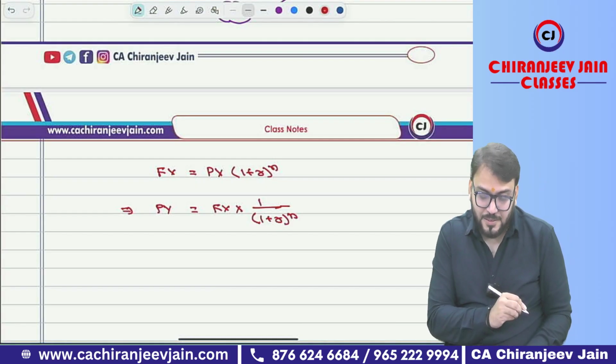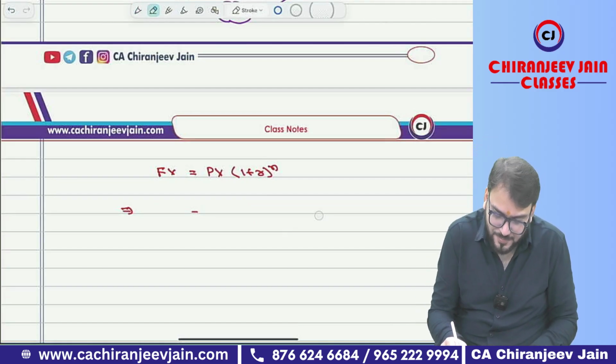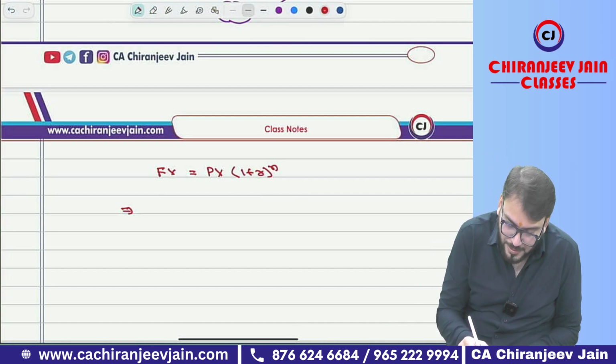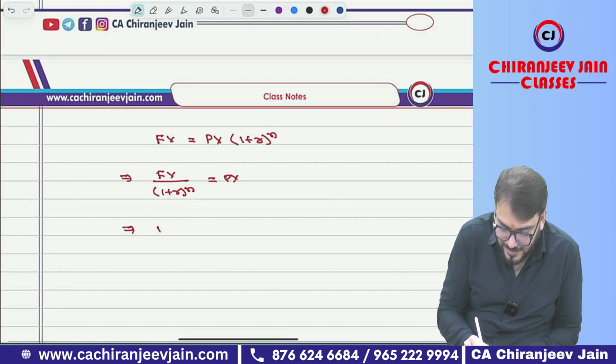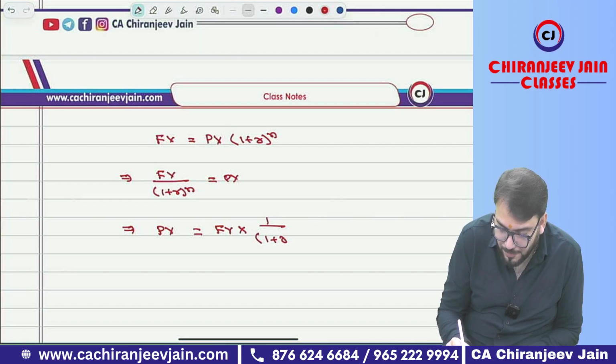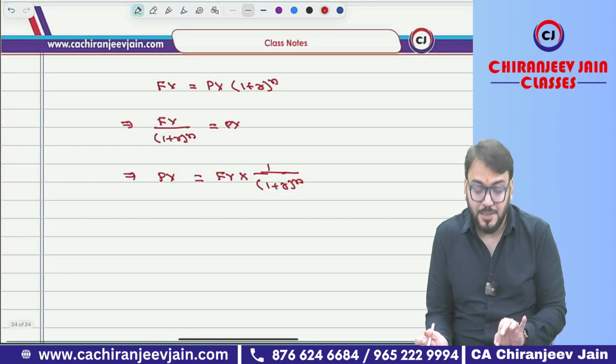Can I convert this formula into this formula? It is as simple as, let us derive it. You might be saying, sir, what have you written? I can write it this way: FV divided by (1 plus r) to the power n is equal to present value. Yes, sir, we can write it this way.